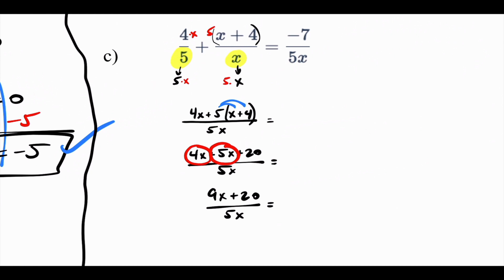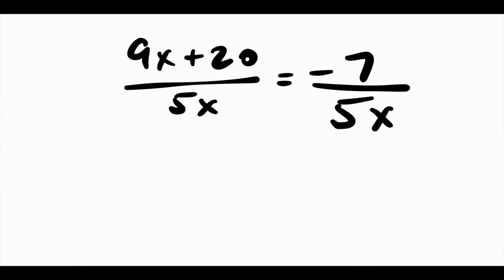Now we bring in the guy that I have not used yet, and we bring him down to where I'm at now. Now, this looks like a problem we've been working on. We're going to do it the same way, right? This is a binomial.